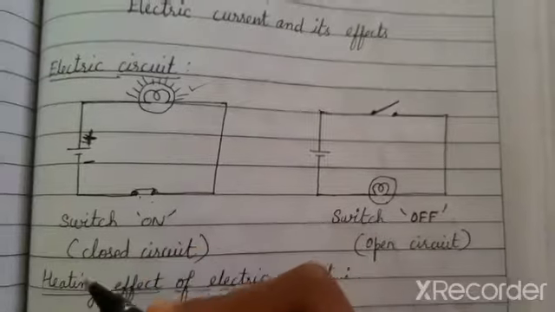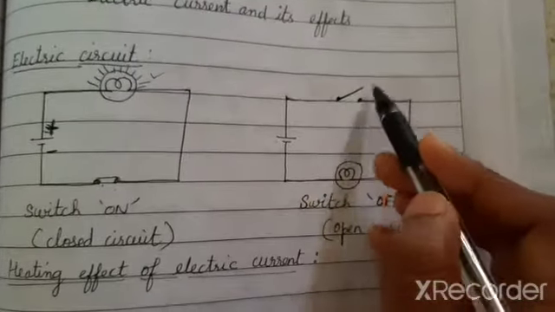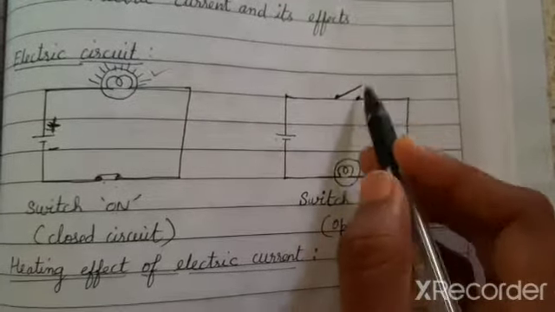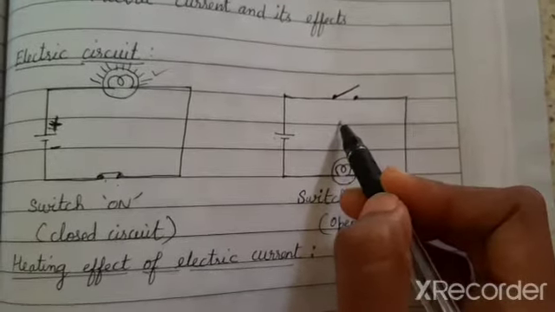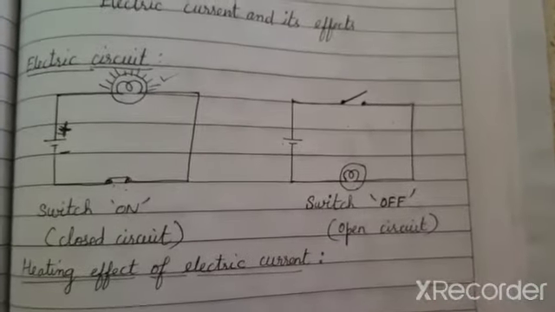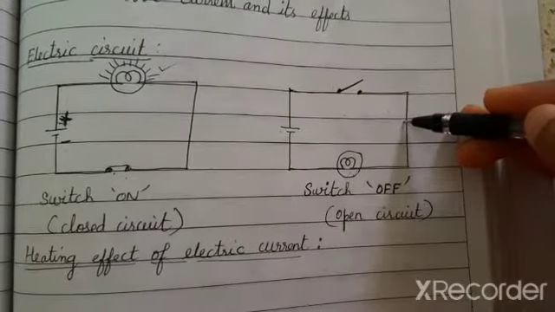There is no interruption. Whereas if you see here, the switch in off position is represented like this, indicating that there is a breakage in the circuit, there is a discontinuity. Okay, so when the switch is in off position, the circuit breaks and the current will not flow through them.